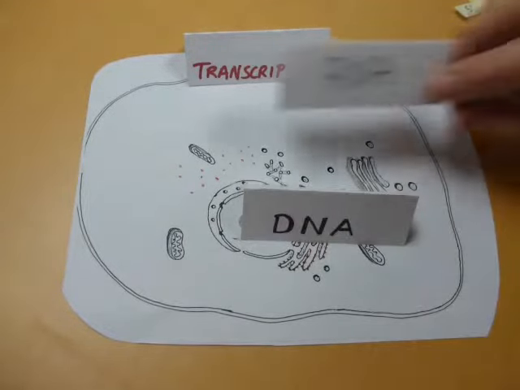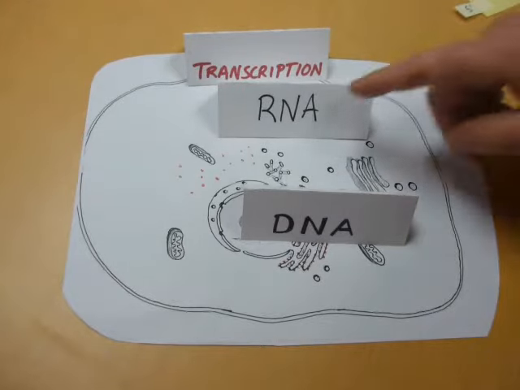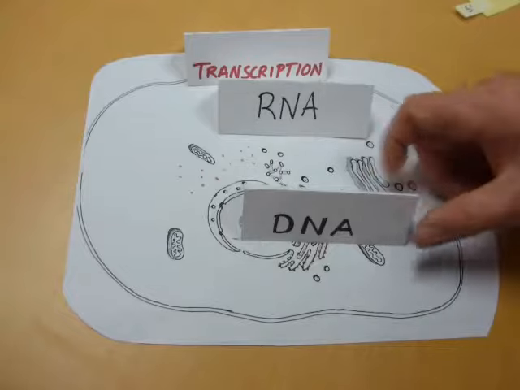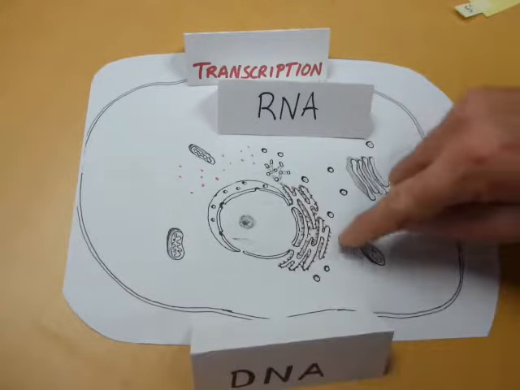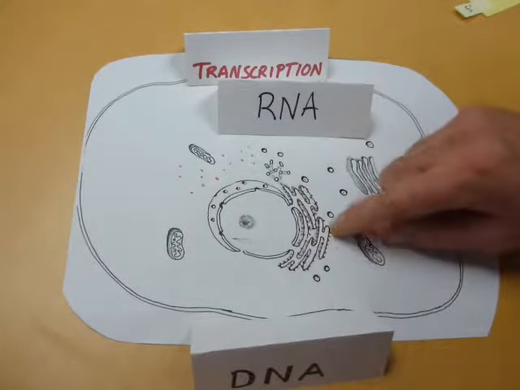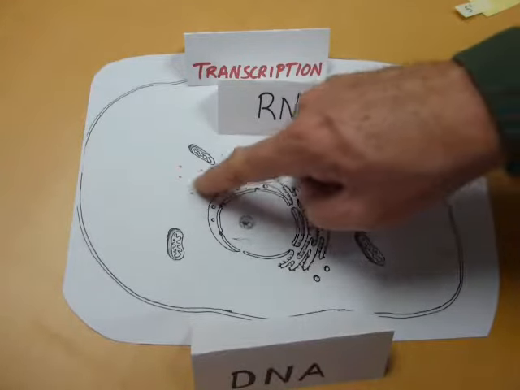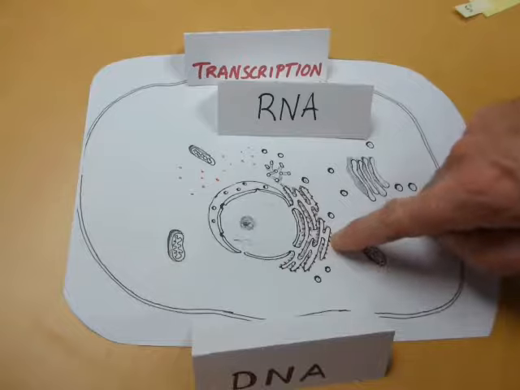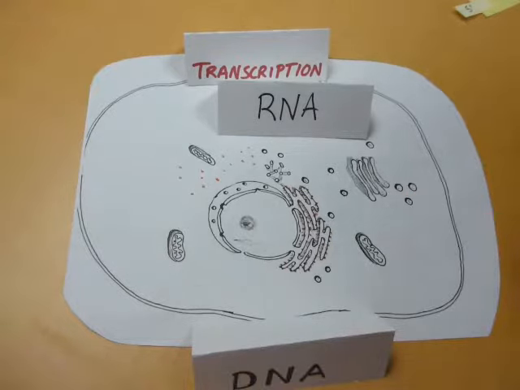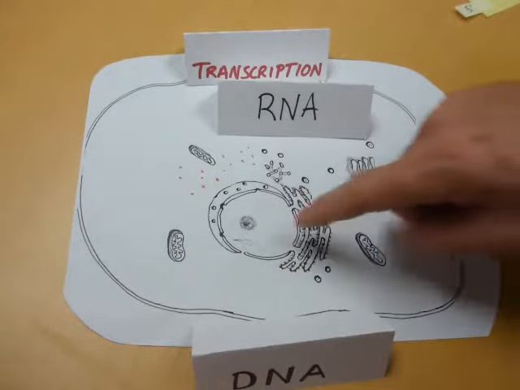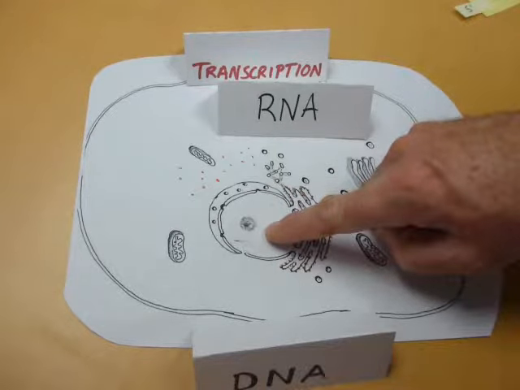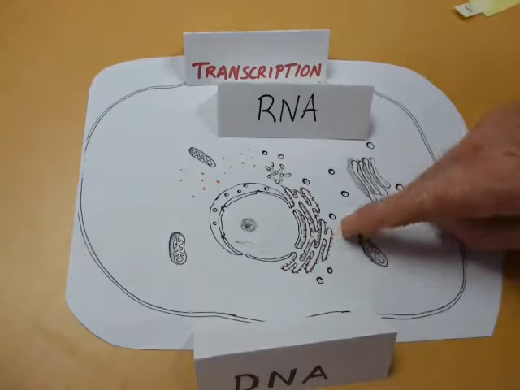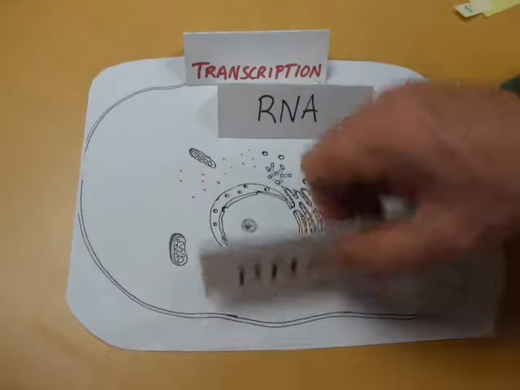And so we're going to transcribe that into an RNA message, which can leave the nucleus and go out into the cell. And it's going to go to one of these little red dots, either free-floating or on the rough ER, which is the ribosome, and that ribosome is where the next step, translation, will happen. So we're just trying to get the DNA made into RNA, which can carry this message to a ribosome to make the protein. So that's its overall purpose.